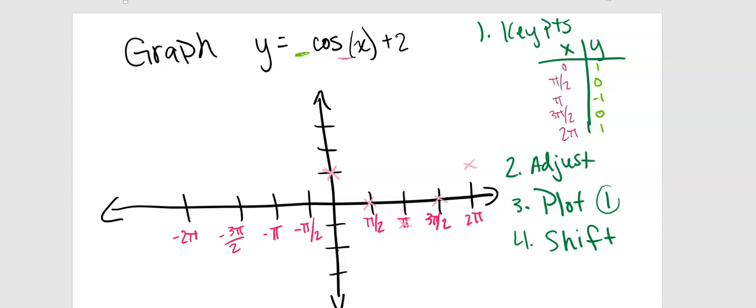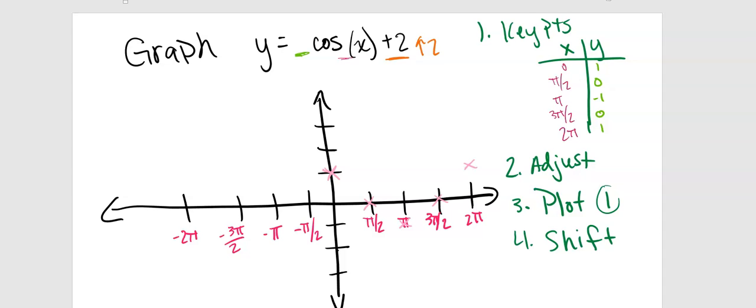But now I need to see if I have to shift my key points anywhere. Okay, let's take a look. I've got this +2 right here. It's not with the x, so it's not going to be a left or right shift. It's on the outside of the function, so it has to be an up and down shift. And up and down shifts, we obey the sign, so we have to move the graph up 2 units.